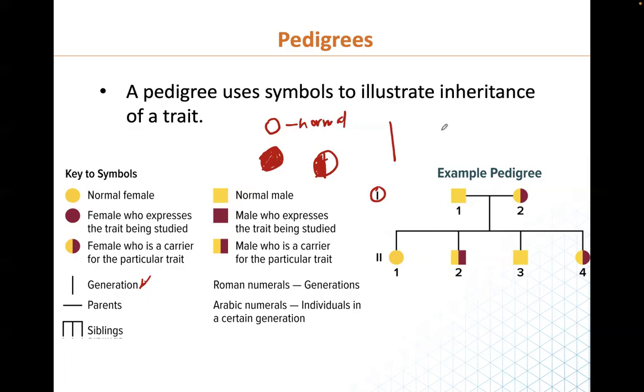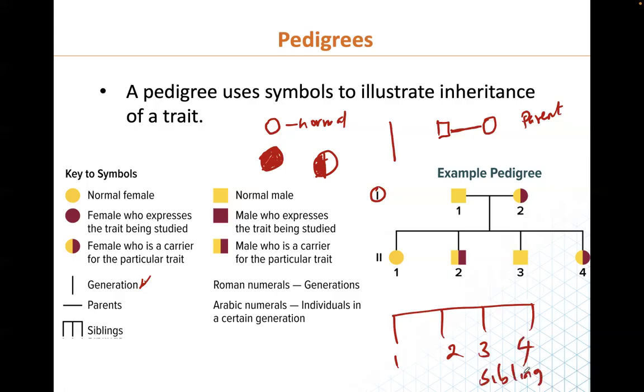Whenever you see one square with one circle, it means these two are parents, one male, one female. But whenever you see lines drawn downward like this, it tells you all these people, 1, 2, 3, 4, are siblings.